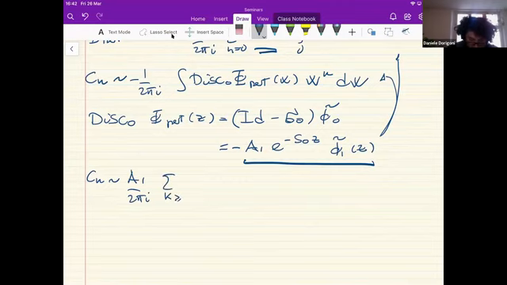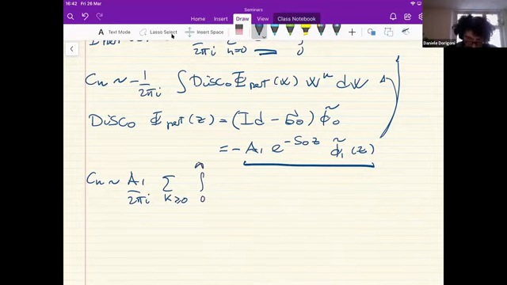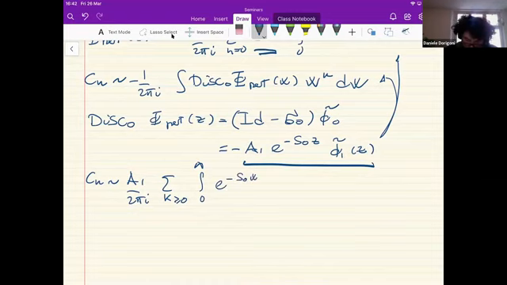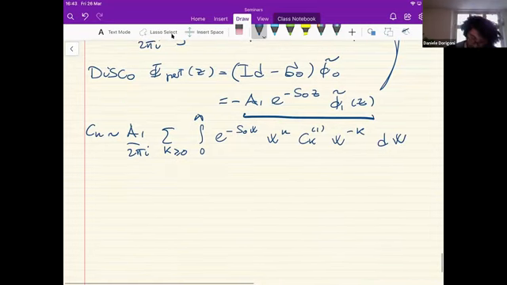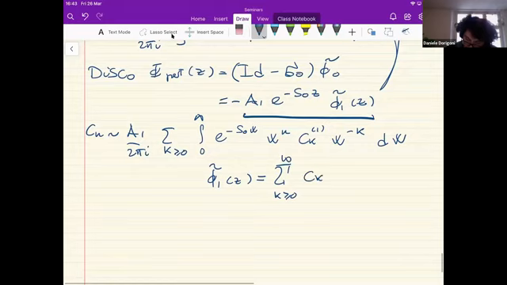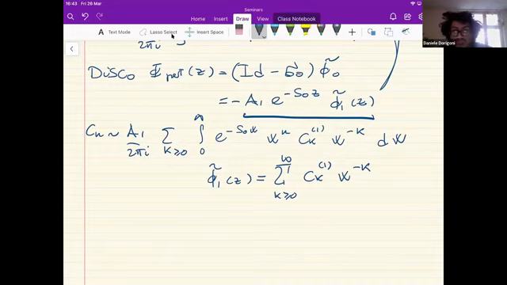Sum of k bigger or equal than 0, the integral between 0 and infinity, e to the minus s naught w, w to the n, c_k1 w to the minus k dw, where I wrote our one instanton sector in terms of some new coefficients, the instanton perturbative coefficients, the c_k with subscript 1.